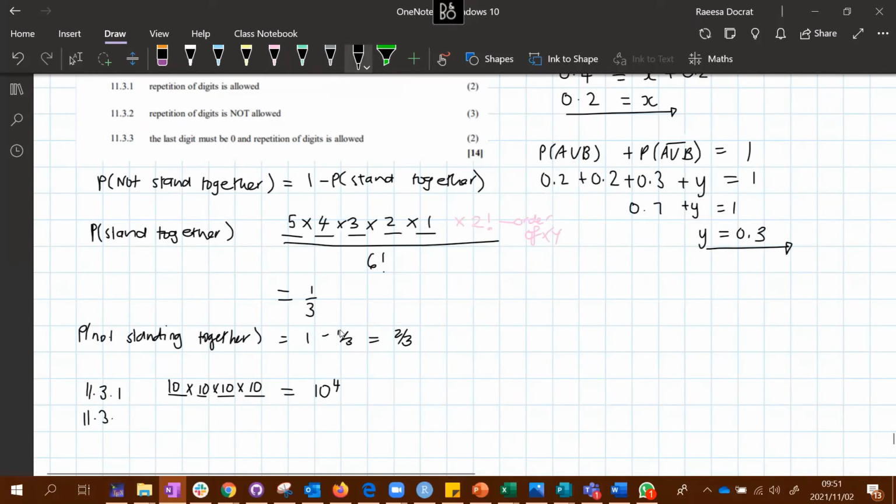For 11.3.2, it says digits are not repeated. So now these 4 digits need to be unique. In the first position, we can use any of the 10 digits. For the second digit, we can use any but the one that we've just used, so 9.